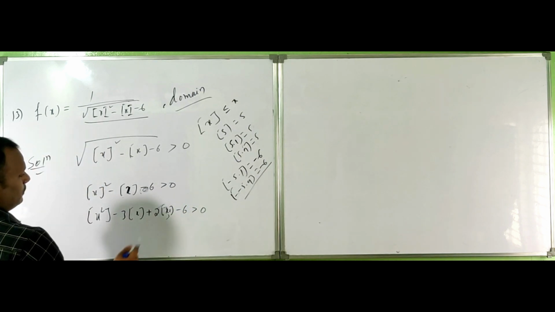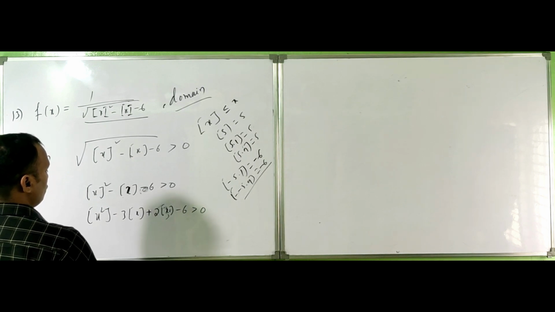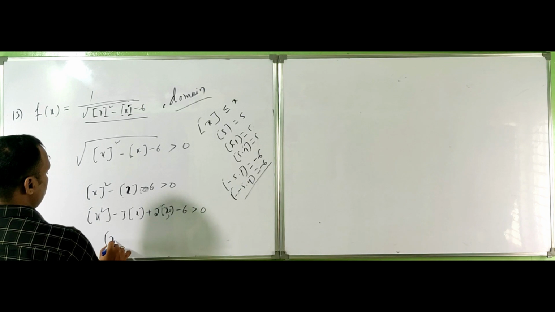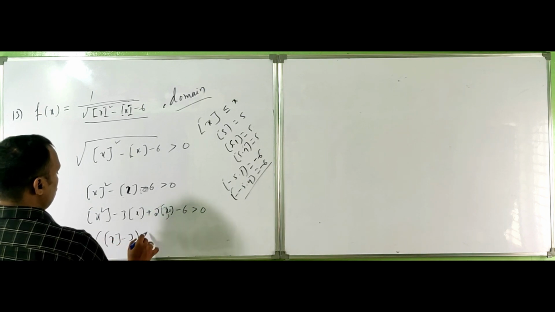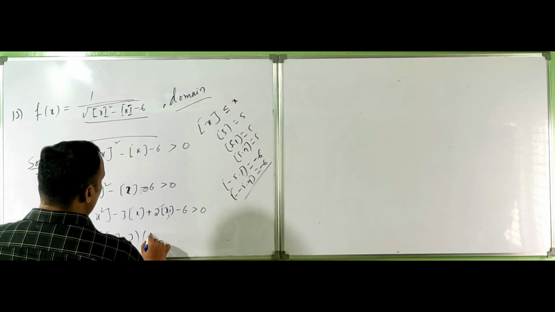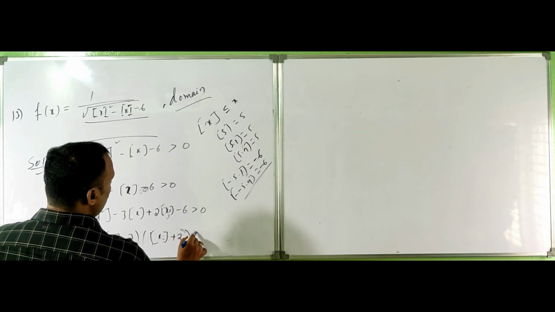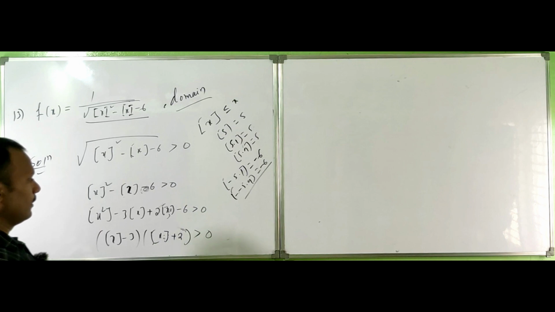So this becomes x minus 3 into x plus 2 greater than 0. I am taking 2 outside, and x minus 3 is common.